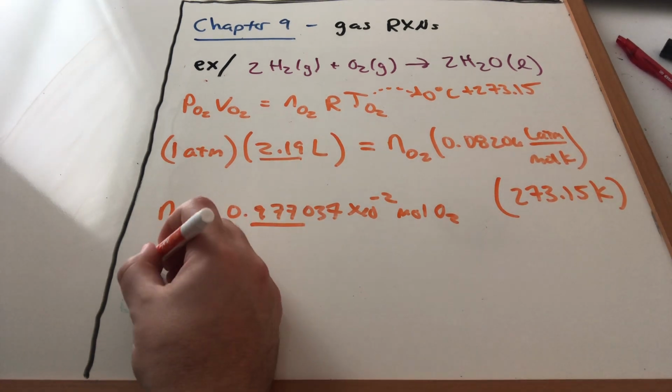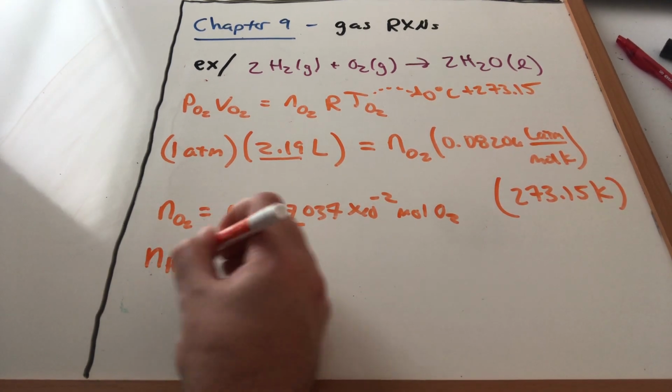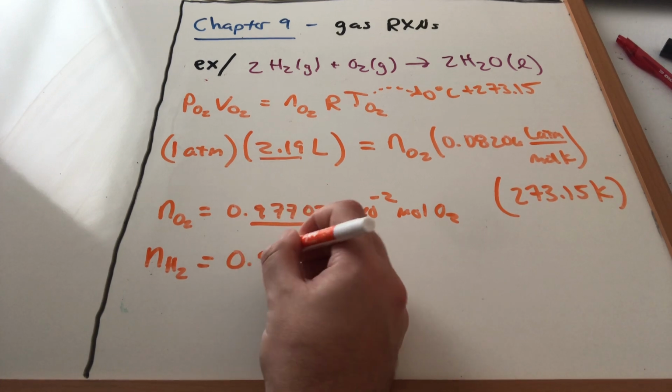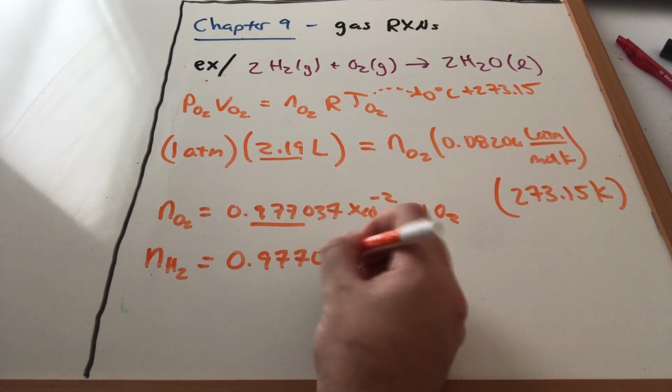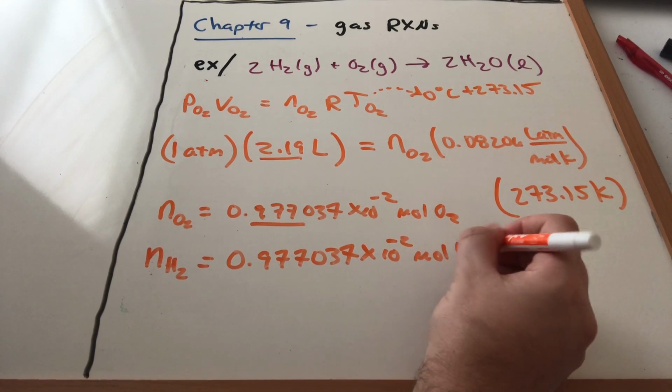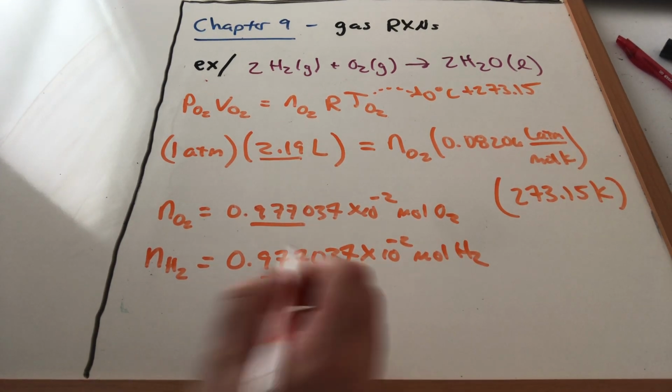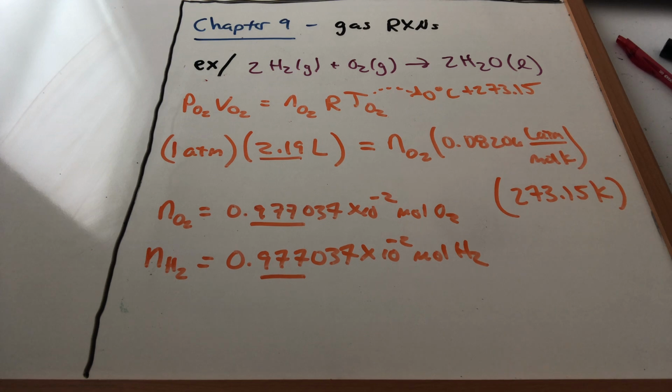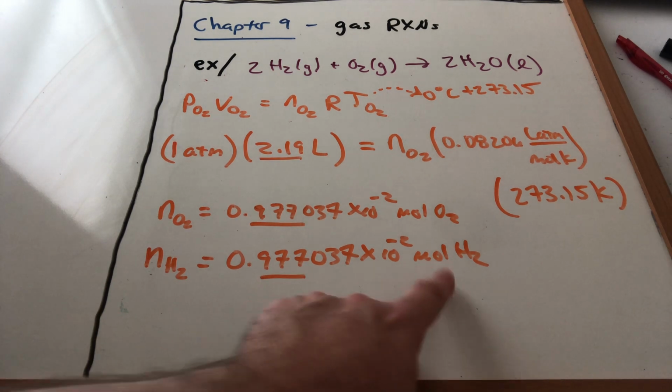So we kind of recognize that as a special example. It won't always be the case, but like I said, you would use your skills if there was any difference. You would use your conversion skills. You would use your ideal gas law skills to recognize what the moles of hydrogen are.